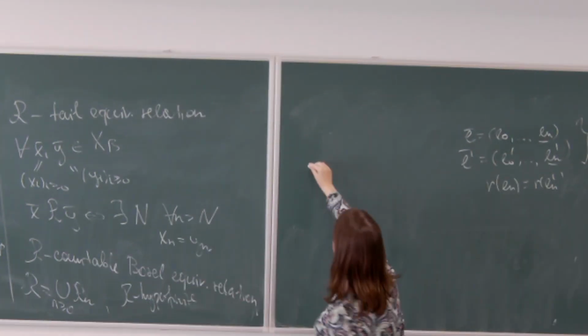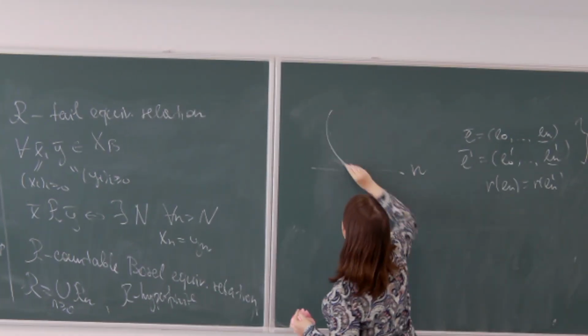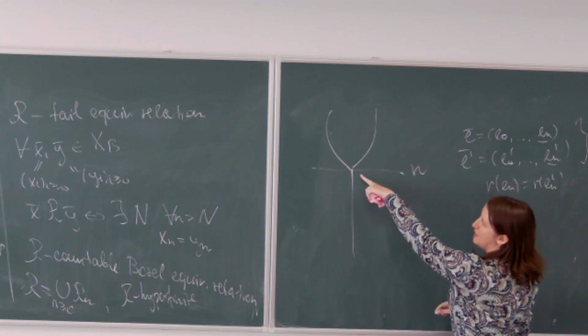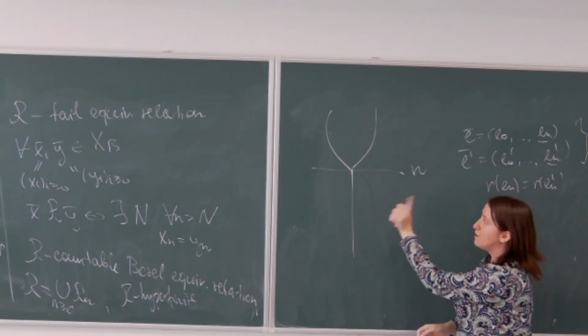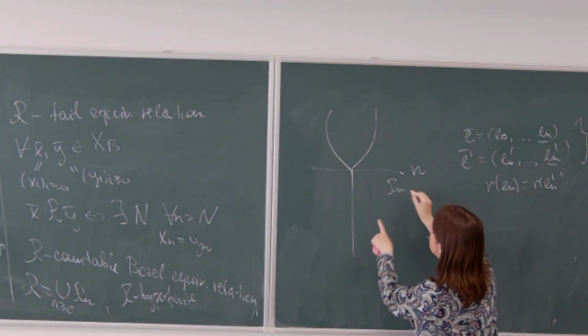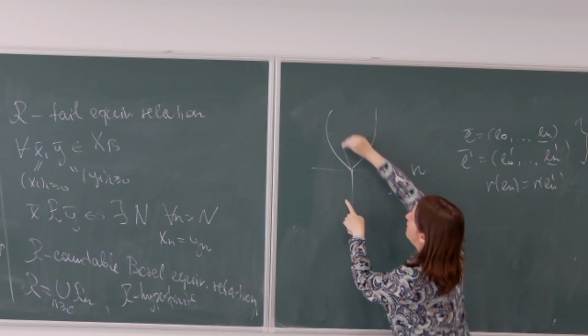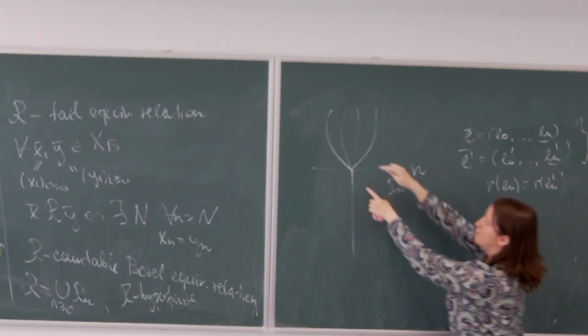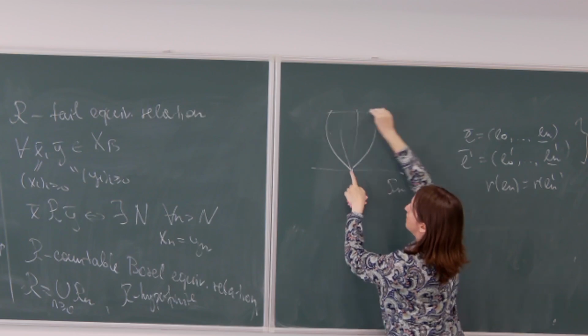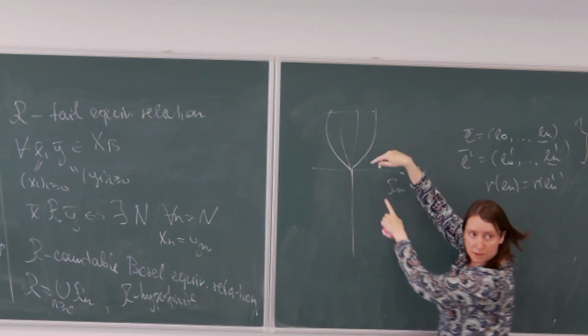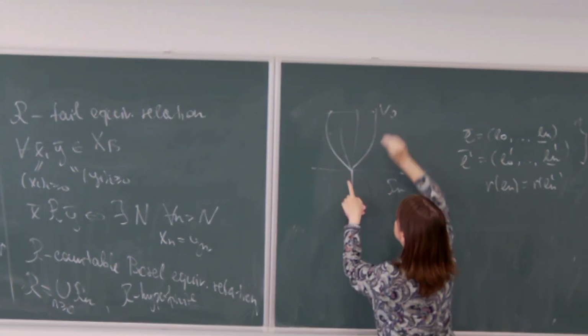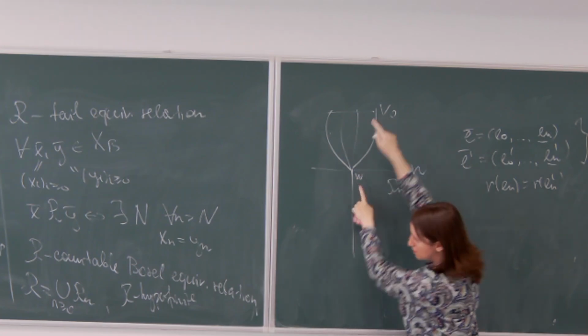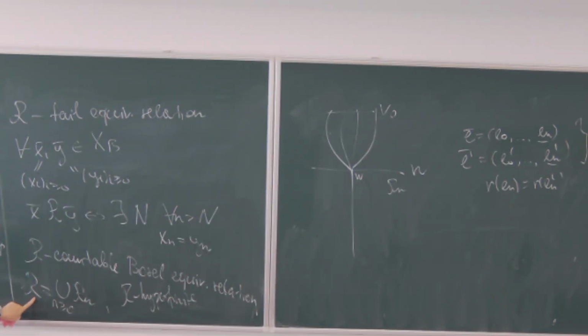We can just fix n and consider all paths which coincide starting from level n. Then we will also have an equivalence relation that's denoted by R_n. Each class will be finite because we have only finitely many levels of each tower, finitely many paths which join a given vertex, and our equivalence relation can be written as the union of the R_n.